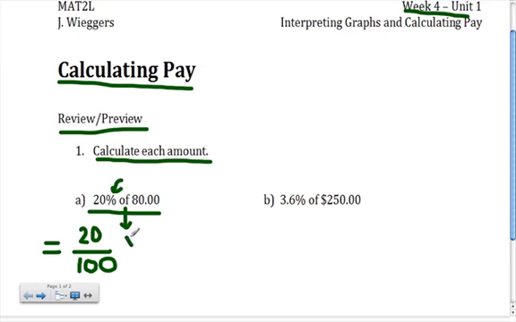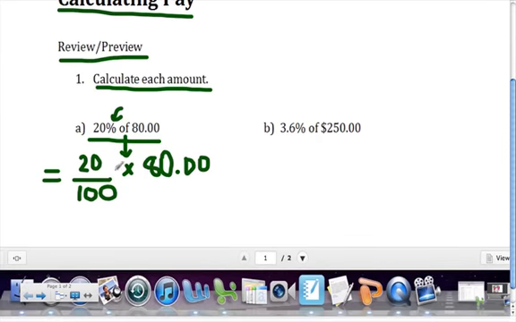So 20 out of 100 times 80. Oh, and there should be a dollar sign in front of that 80 if it's going to be correct dollar notation. To make the calculation, 20 over 100 is actually 20 divided by 100, and then you multiply by 80.